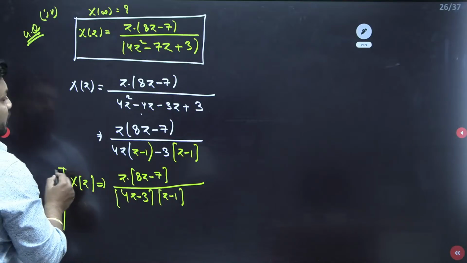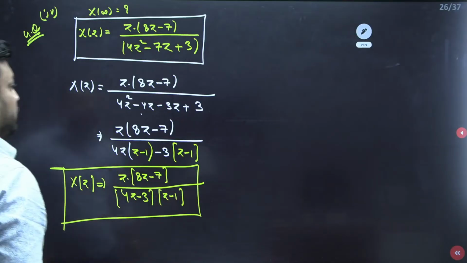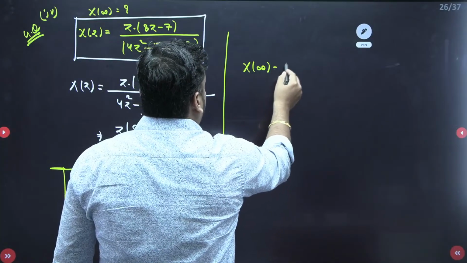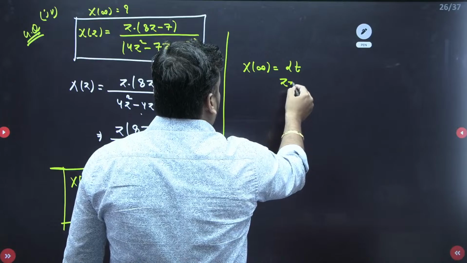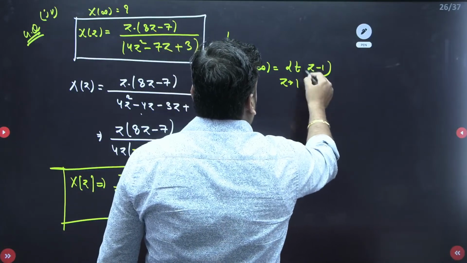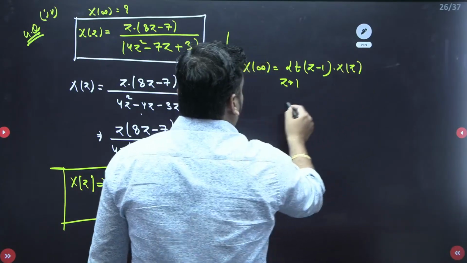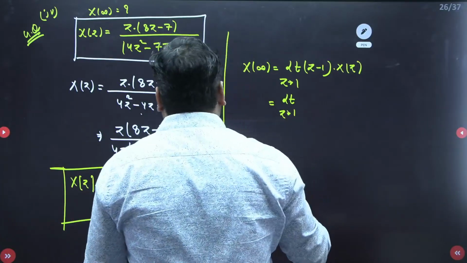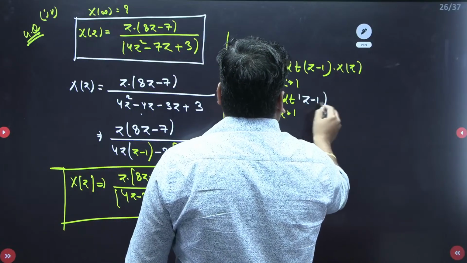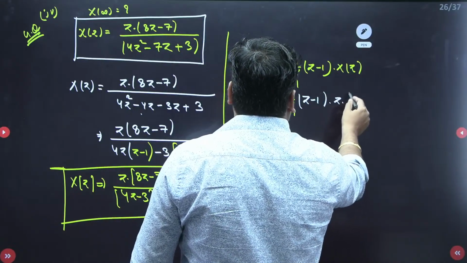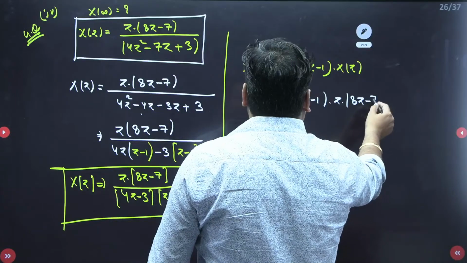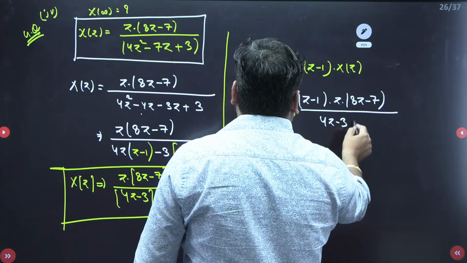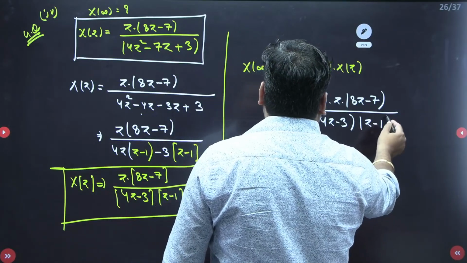This is just X(z). I have not applied the final value theorem till now. If I apply it, x infinity is the limit as z tends to 1 of z minus 1 into X(z). So you get z into 8z minus 7 upon 4z minus 3 and z minus 1.